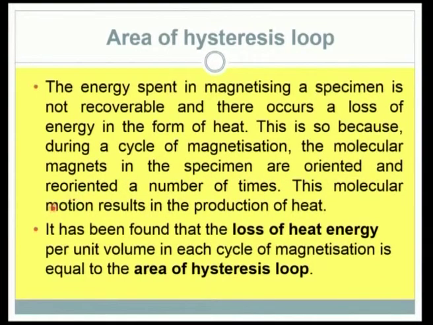This molecular motion results in the production of heat. It has been found that the loss of heat energy per unit volume in each cycle of magnetization is equal to the area of the hysteresis loop.